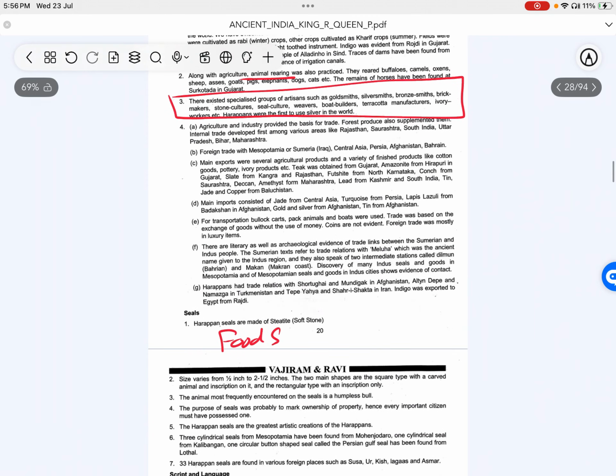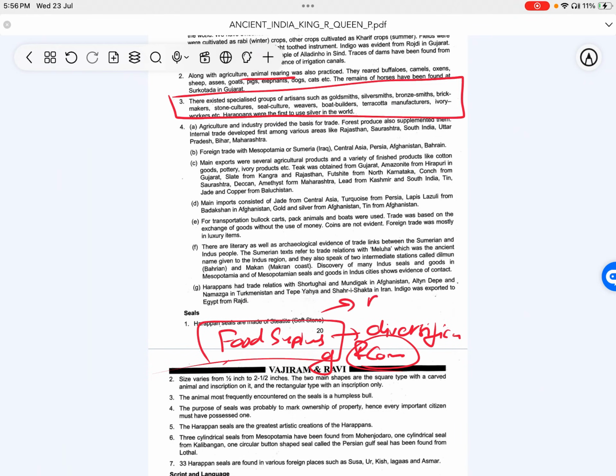When there is food surplus, diversification of the economy happens because the basic need is supplied. So people occupy a lot of professions based upon the availability of knowledge and technology.